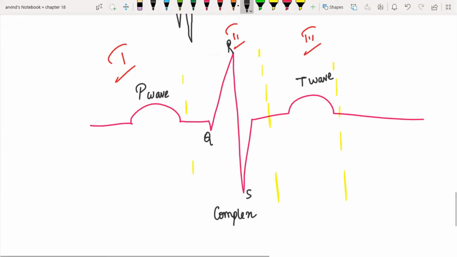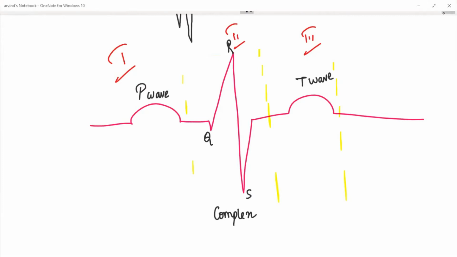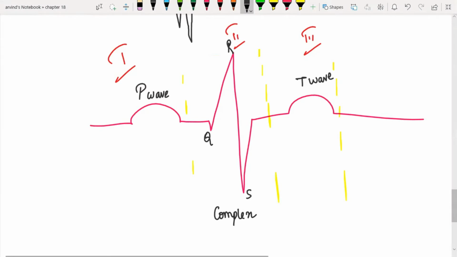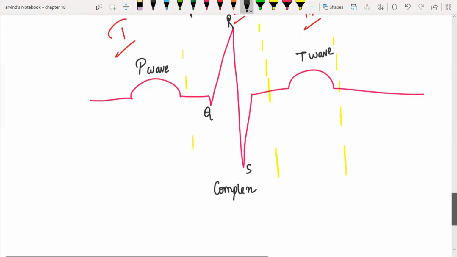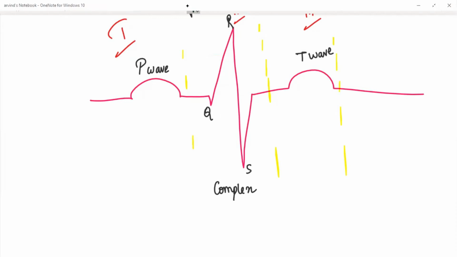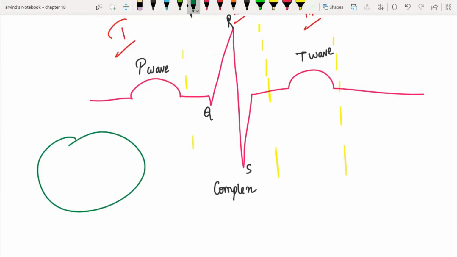Now, for understanding the sequence of events, I have seen many students who say they are getting confused about which is for P, which is for QRS and all. Just know the cardiac cycle. Take into your mind the diagram that I drew at the end of my cardiac cycle video.